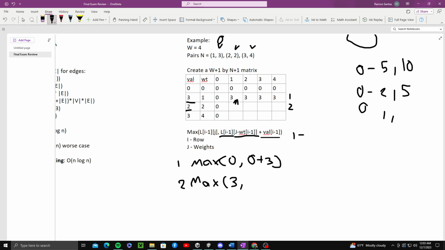Or is it my current weight? I think it's my current weight, which is 2. So let me double check this. So it's gonna be that.